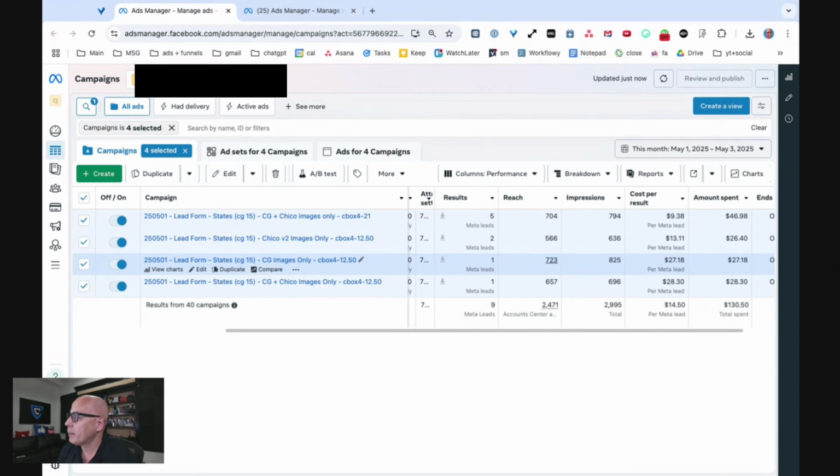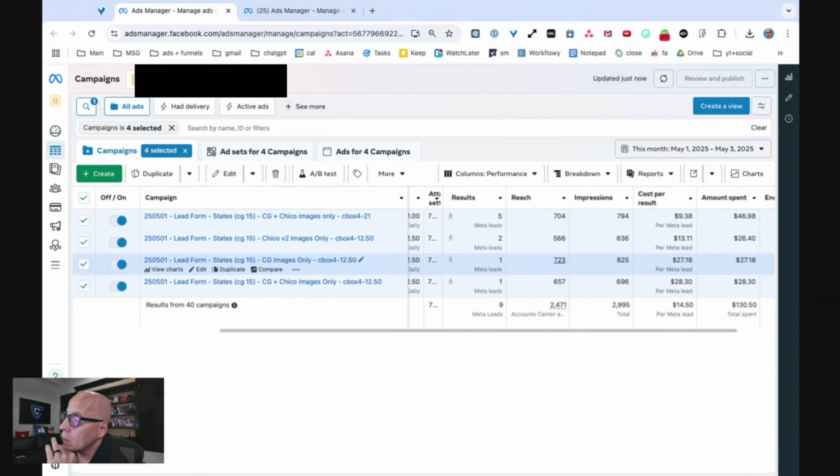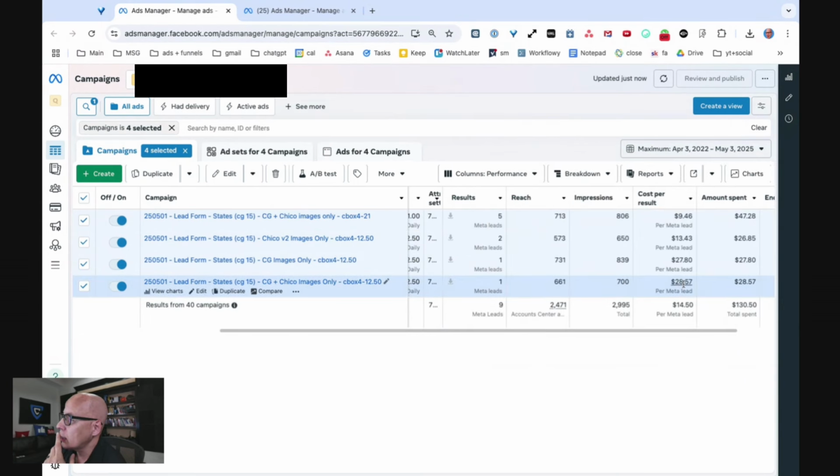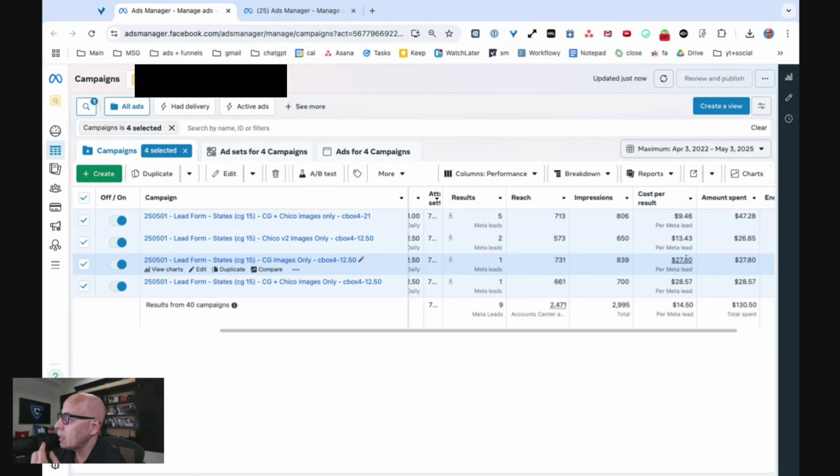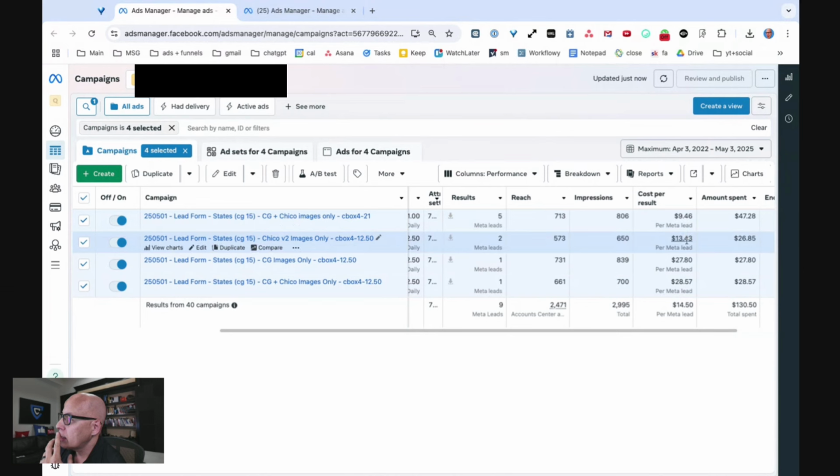Here we've got a combination of, now here's an interesting one. So let's take a look here. This campaign is at $28 per lead. This one is at $27.80 per lead. And then these are at 13 and 946.